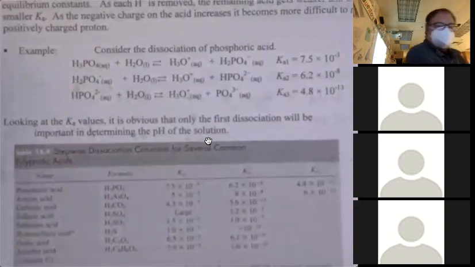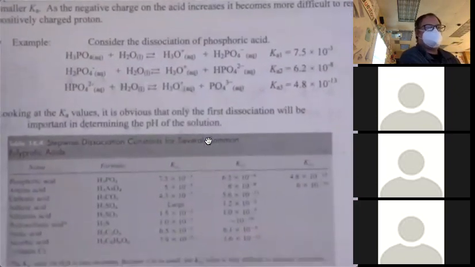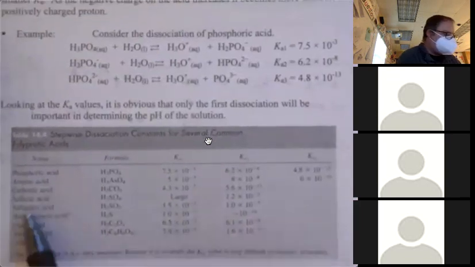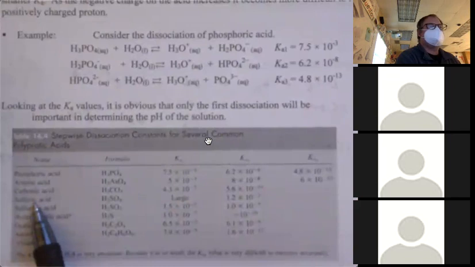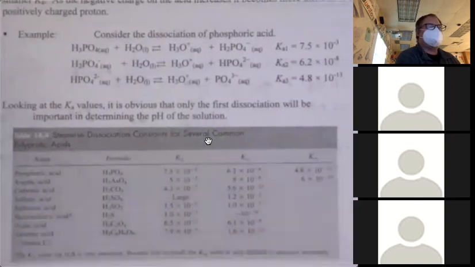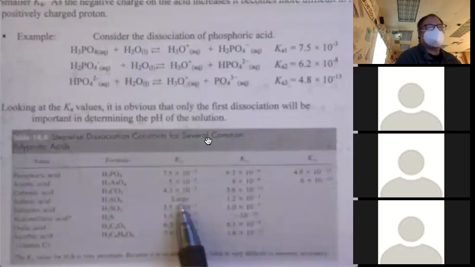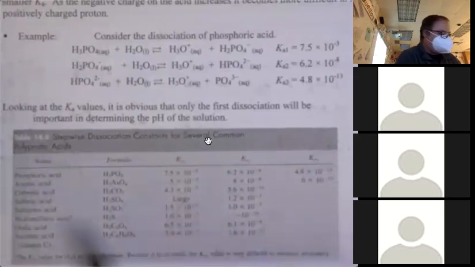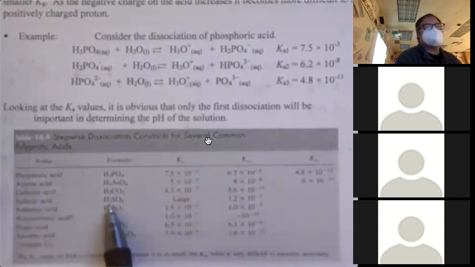And why would this be different for sulfuric acid? I'll give you a hint. If we look down here, sulfuric acid right here. What type of acid is sulfuric acid? Strong. That's why this is much greater than 1. That means that immediately when sulfuric acid is in there, it loses that first hydrogen.